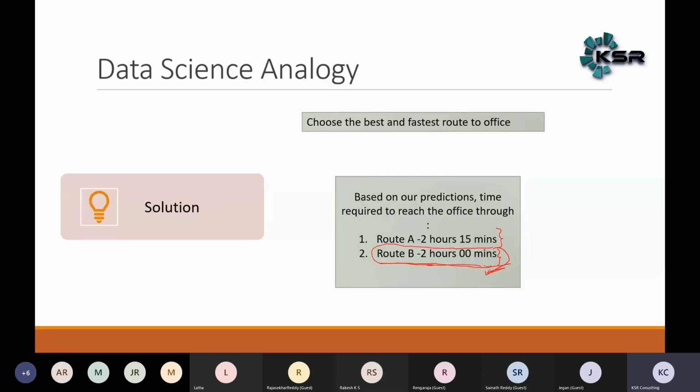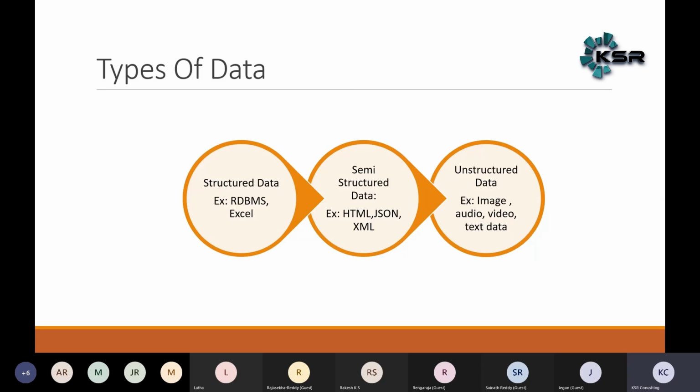Okay, perfect. So let's divide the data. What are the different types of data you want to understand in depth? Types of data. Generally, what is the meaning of data? Data is raw data, which can be in any format.